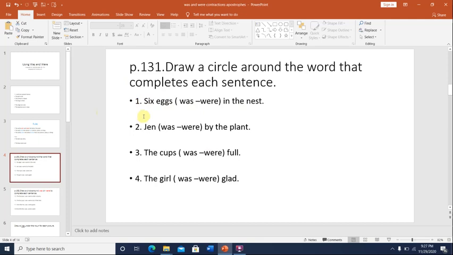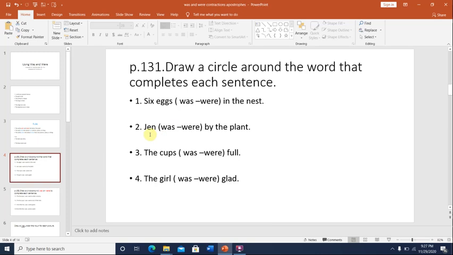What are we telling about? We're telling about 6 eggs. Is that singular or plural? That's plural, more than one. So when we tell about more than one, we use were. 6 eggs were in the nest.